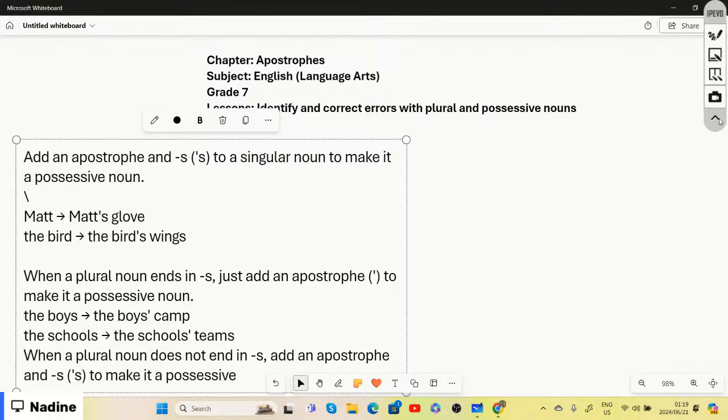And remember, a possessive noun shows where you have something or you own something. That shows possession. You either have something, or you own something, or something belongs to you. It's like it's Nadine's camera. It is Jane's ball. It is Adam's bag, right?